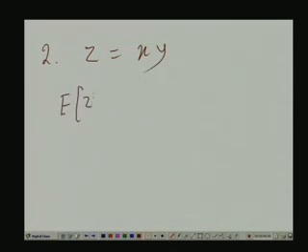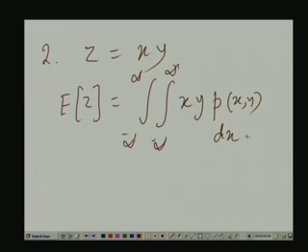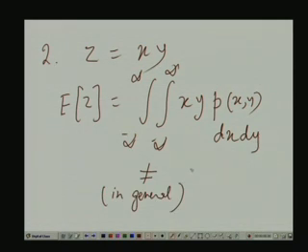However, if z is x y, then what is E z? Here we cannot, this is not in general, Ex, Ey.